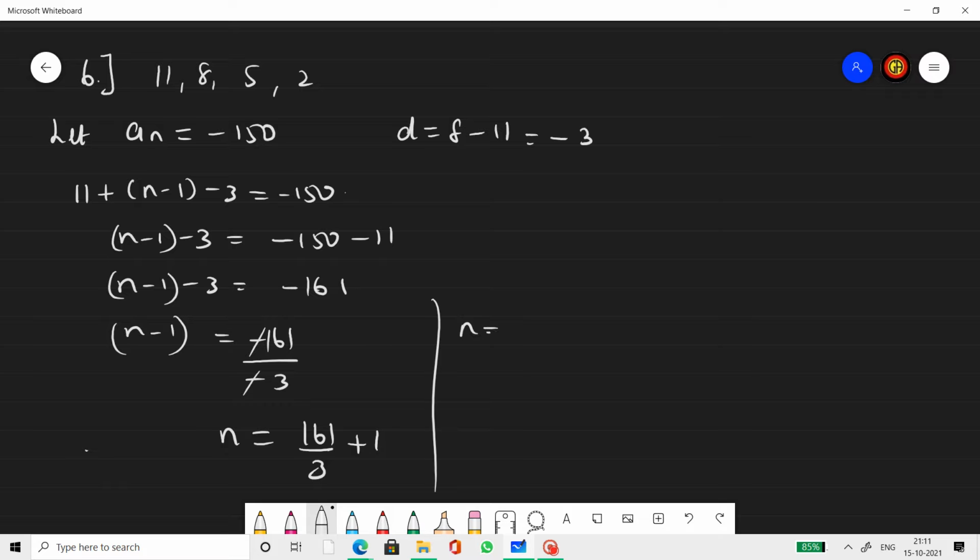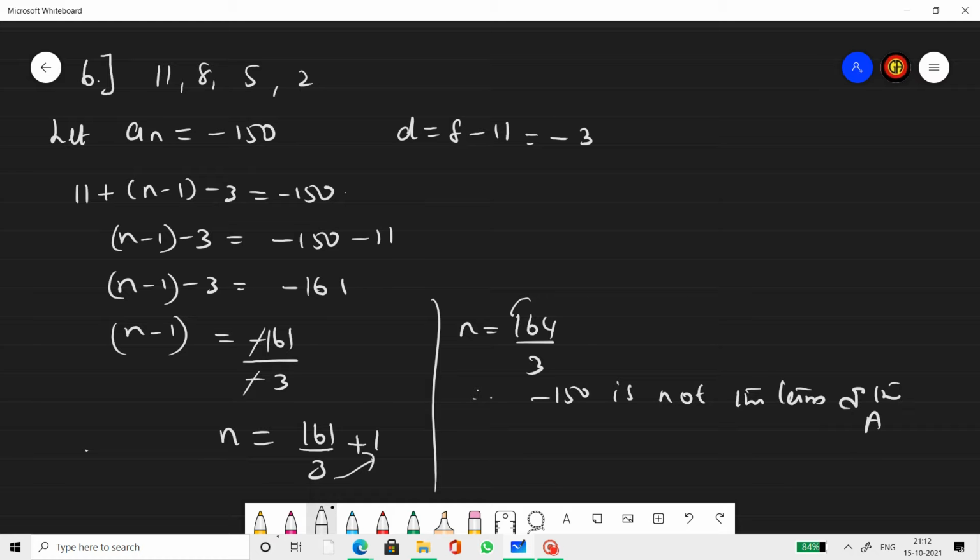So that means n is equal to 164 by 3. After you complete the LCM, you get 164 by 3. Even now it is not divisible because 1 plus 6 is 7, 7 plus 4 is 11. 11 is not divisible by 3, therefore 164 is not divisible by 3. Hence, minus 150 is not a term of the AP.